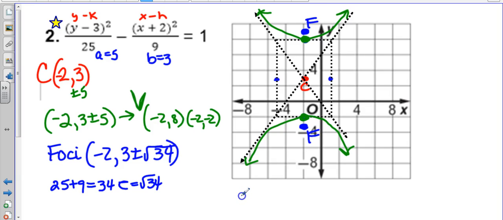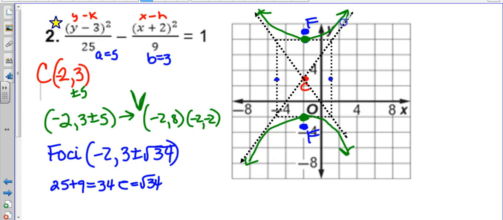All right, the asymptotes. I have good news and bad news. You have to do them. I'm going to let you leave them in a really simple format. It's y minus k, which is exactly what was up here, right?